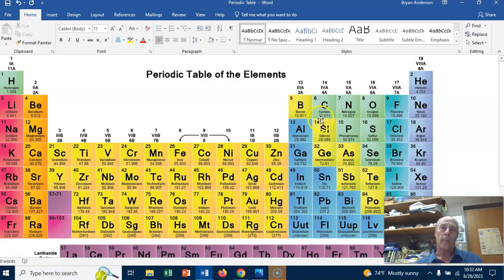And it's 12.011. Okay, well, isotopes have an unusual number of neutrons. So if you've got 6 protons here, and you see an atomic mass of 12, then you can assume that you take 6 away from the 12, and you're going to have 6 neutrons.